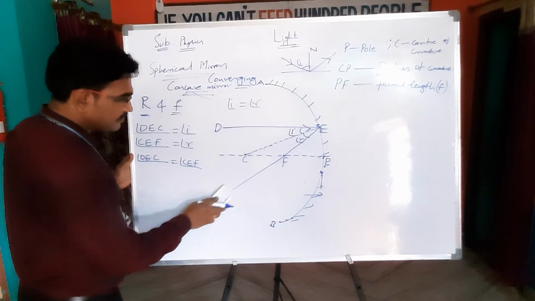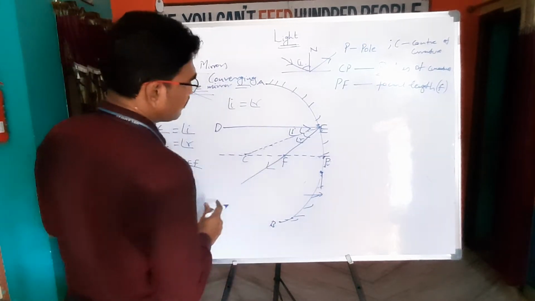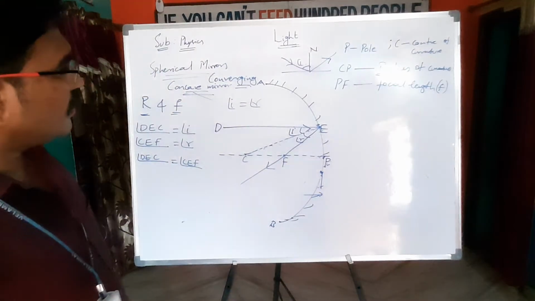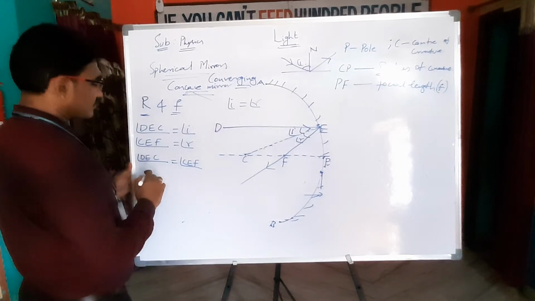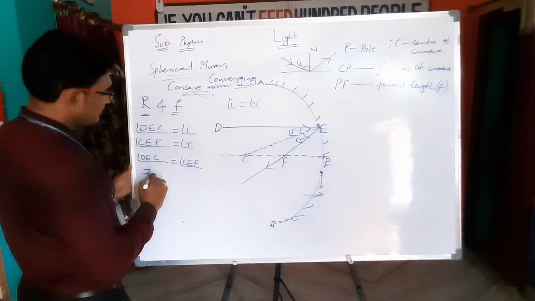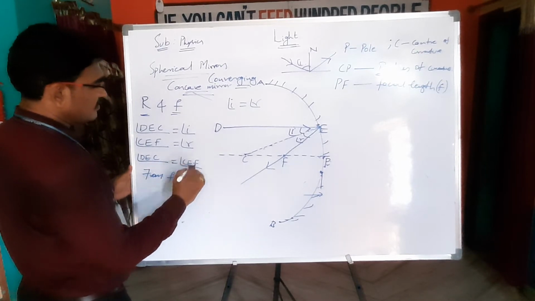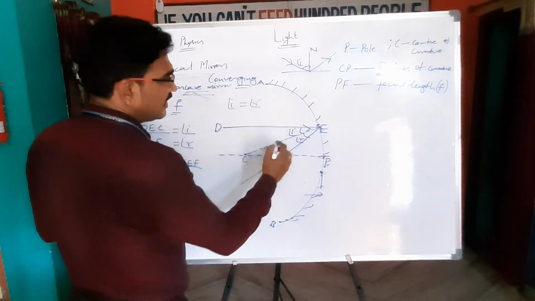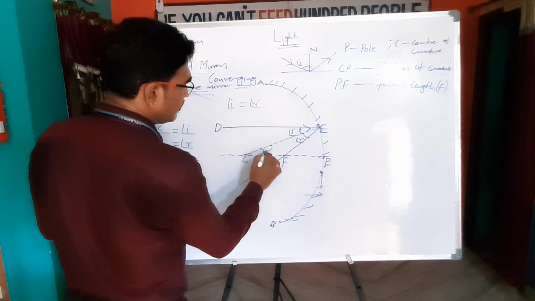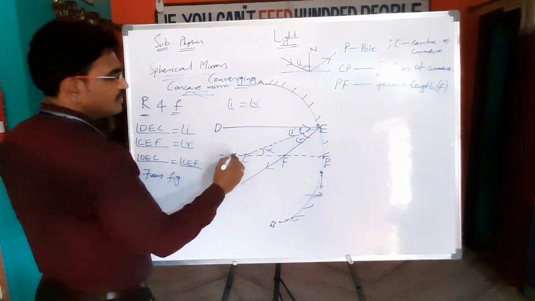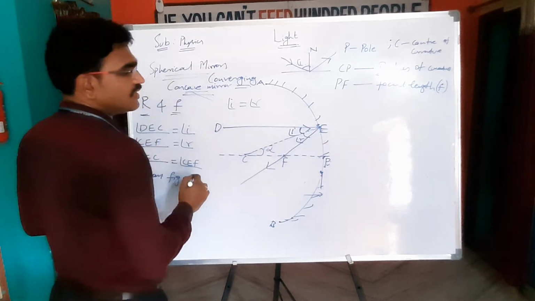Now at the same time, from the figure we can say this angle is equal to this angle. Let me take it as alpha. So here CE is one line, CF is one line.